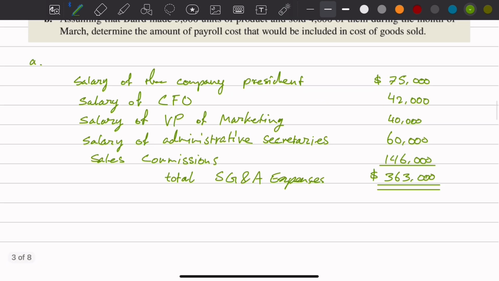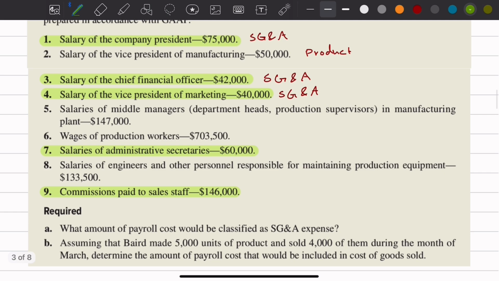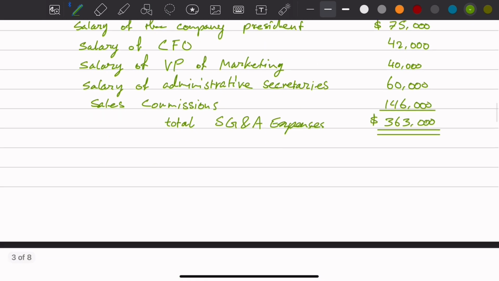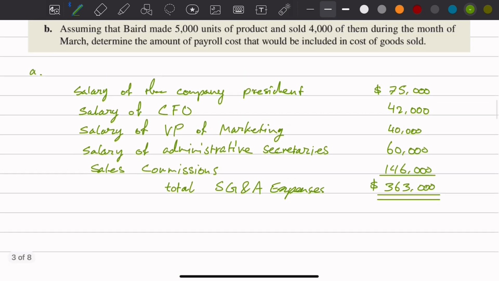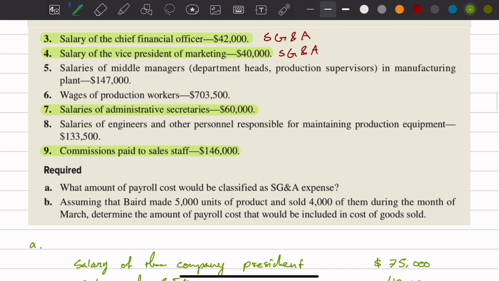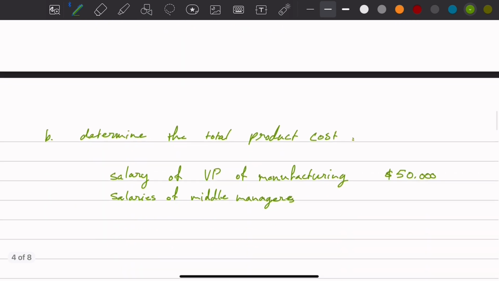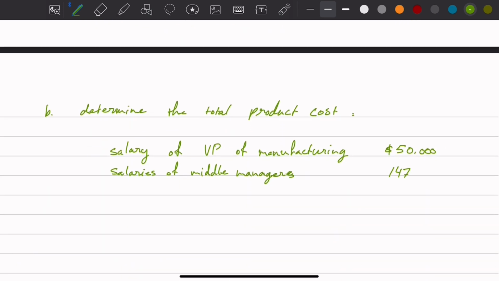Okay, next one, salaries of middle managers, which was $147,000. So 147. Okay.